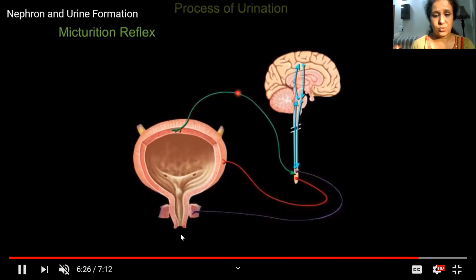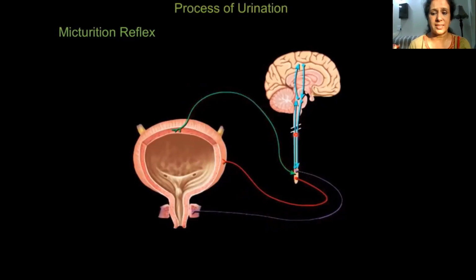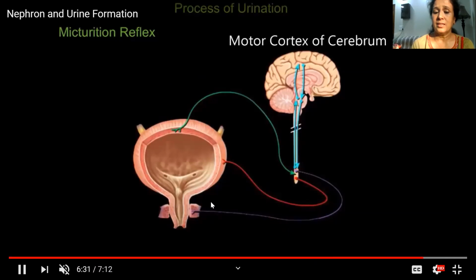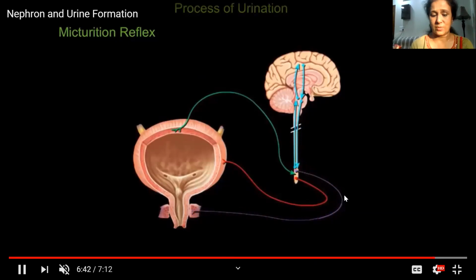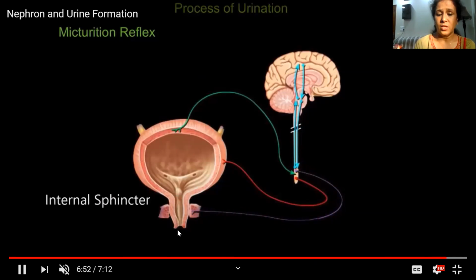So though this is a voluntary action, if it is full, the process becomes involuntary and a reflex is generated in our central nervous system. Now this opening of the urinary bladder is known as urethra. So the urine comes out through the urethra.